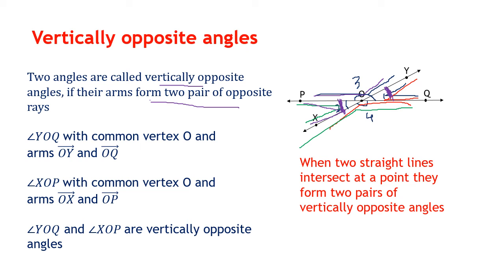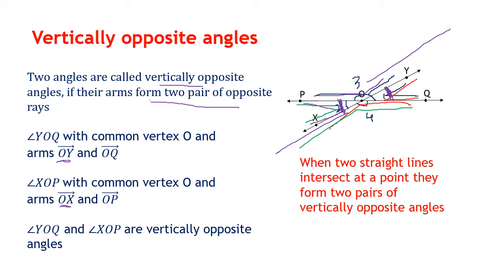So the arm OY of YOQ is opposite to arm OQ of XOP. So can you see they both are opposite? Yes.